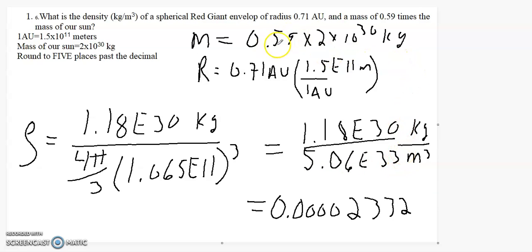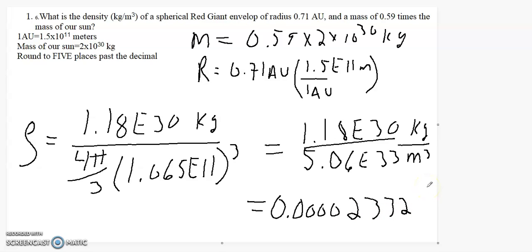And then, of course, the mass in the numerator is 0.59 times the mass of our sun. So 0.59 times 2 times 10 to the 30th gives us approximately 1.18 times 10 to the 30th. Take that number divided by the volume, and it says to round it to 5 places past the decimal. When you do it, you get something like 2.33 times 10 to the minus fourth.